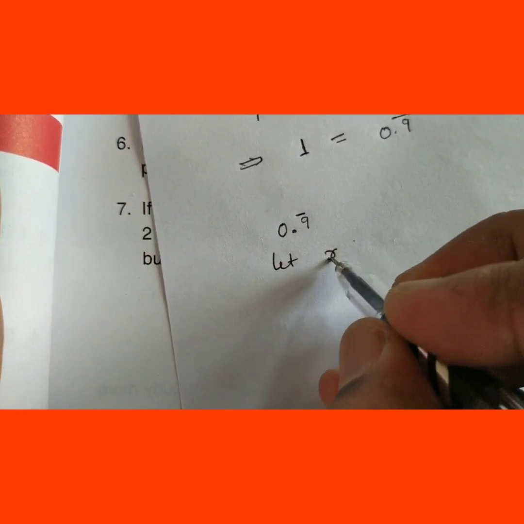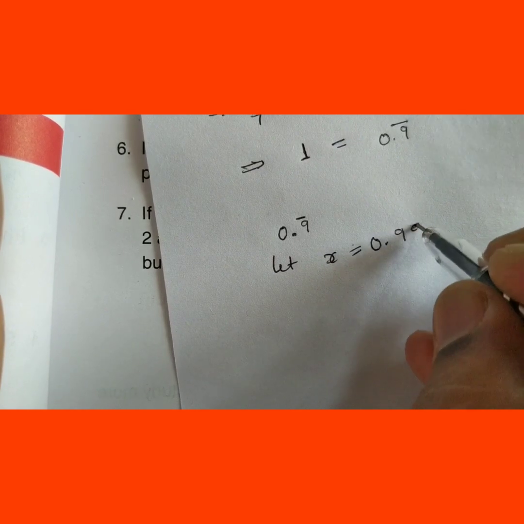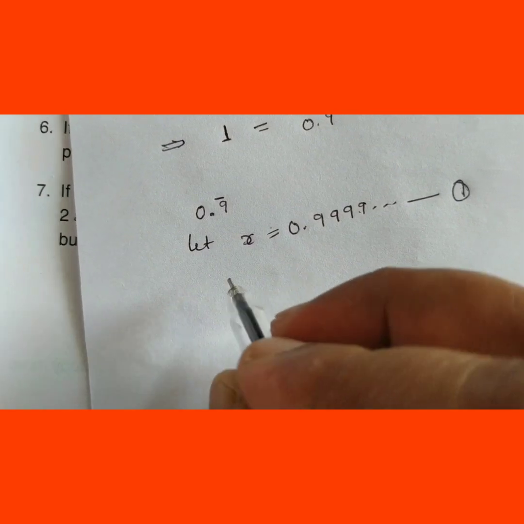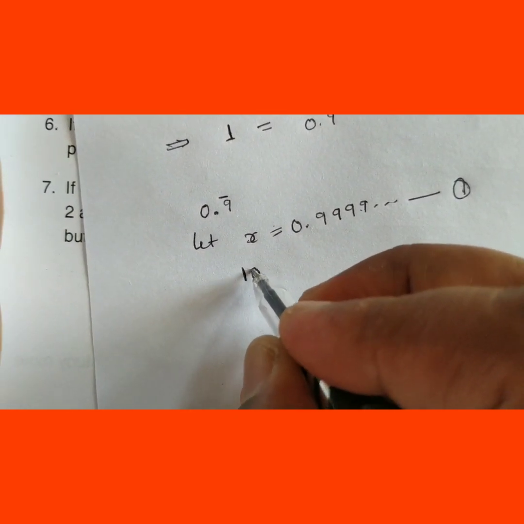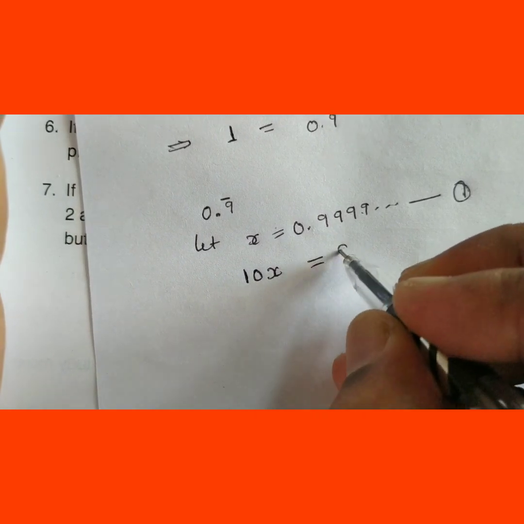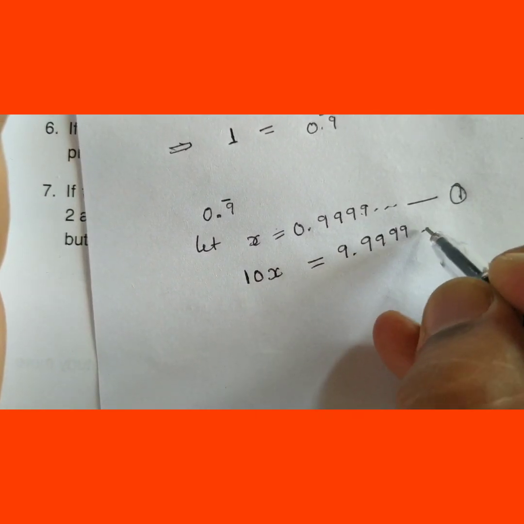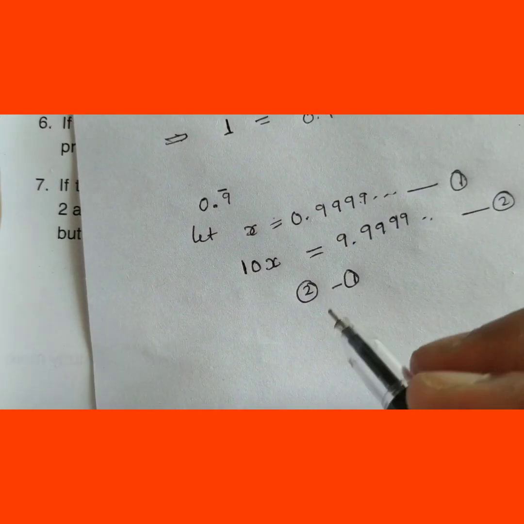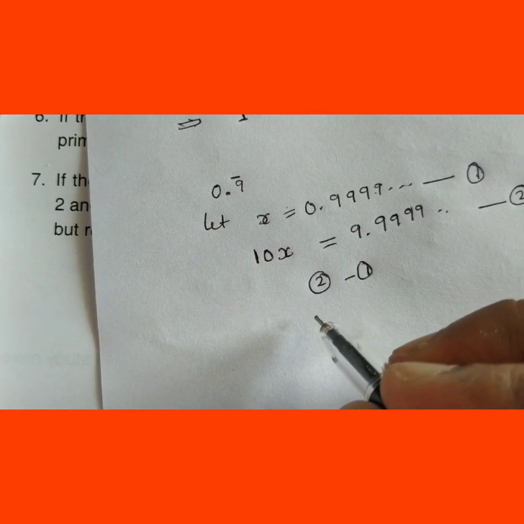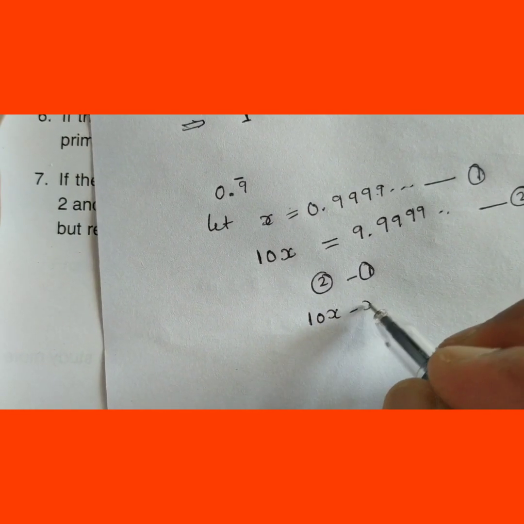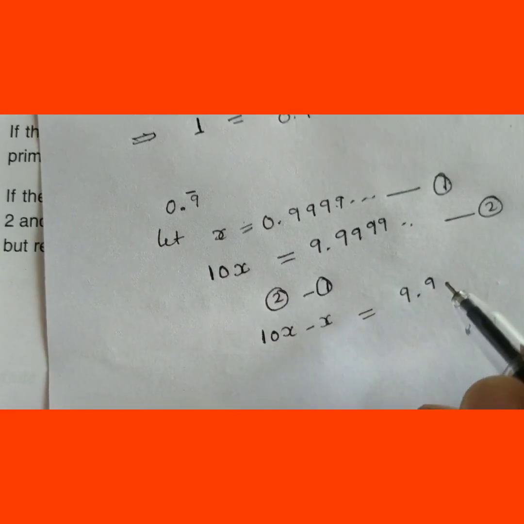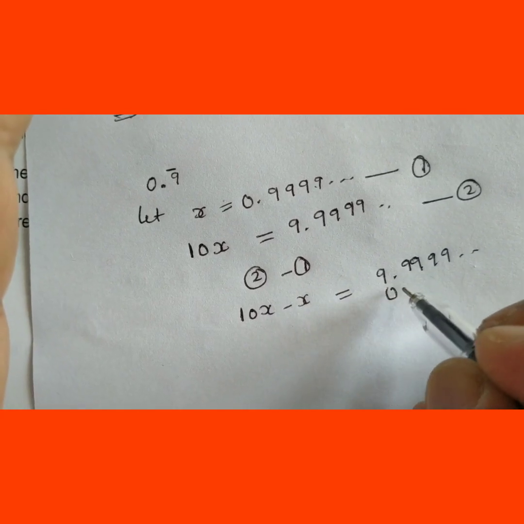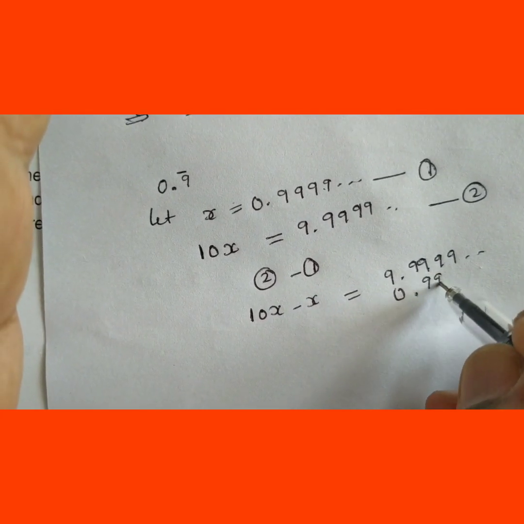So let x is equal to 0.99999 bar. Suppose this is first, multiply both sides by 10. So 10 into x is 10x is equal to 9.9999 and so on. This is second. Now subtract 1 from 2. 10x minus x is equal to 9.999 and so on, minus x is equal to 0.9999 and so on.